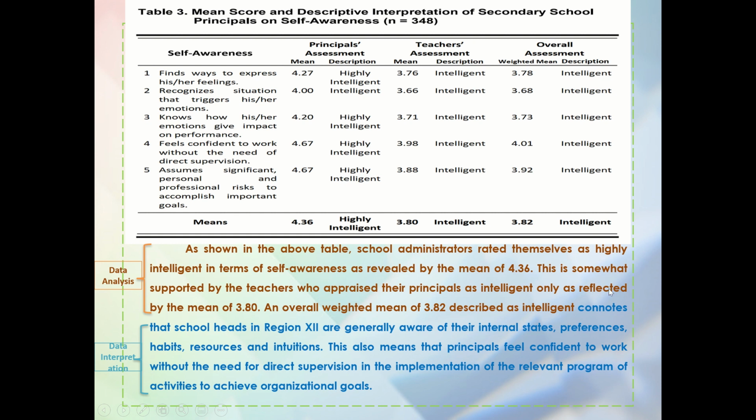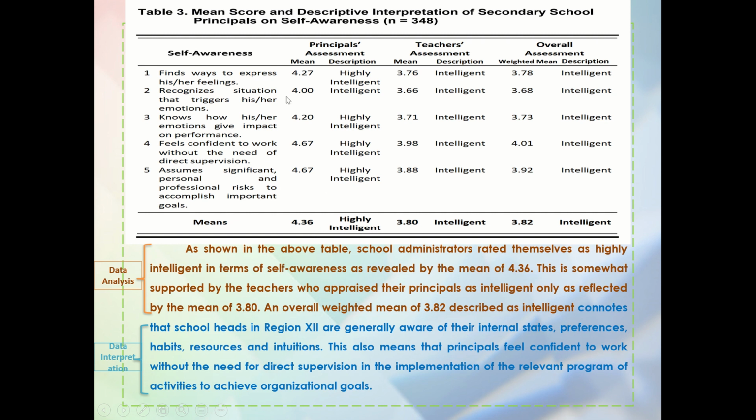So they rated themselves daw as highly intelligent. Ito yun. The verbal description for this one. So highly intelligent in terms of self-awareness is revealed by the mean of 4.36. So ito yung mean na 4.36 and the verbal description for that is highly intelligent.